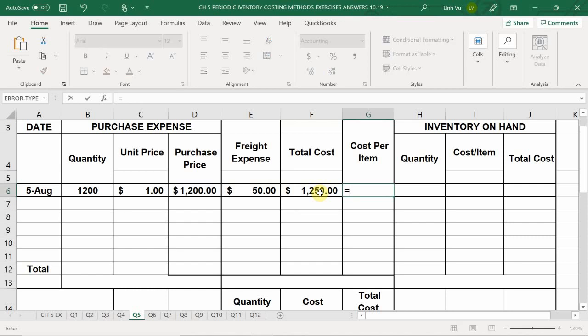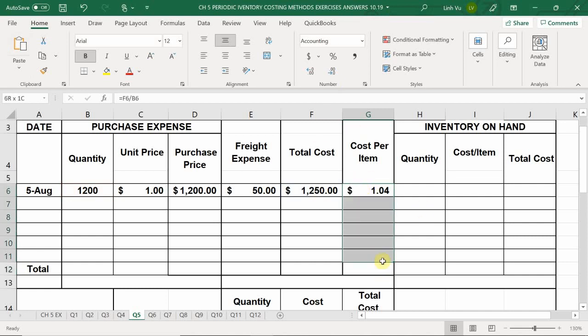What is my cost per item? $1.04, it's an unrounded number, 1.0416.